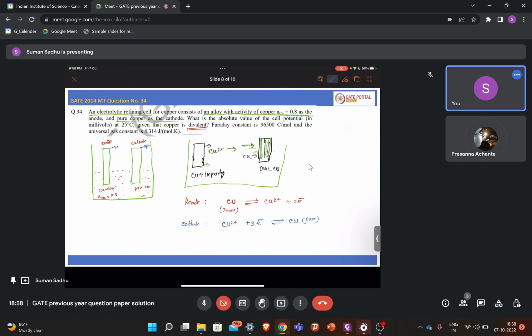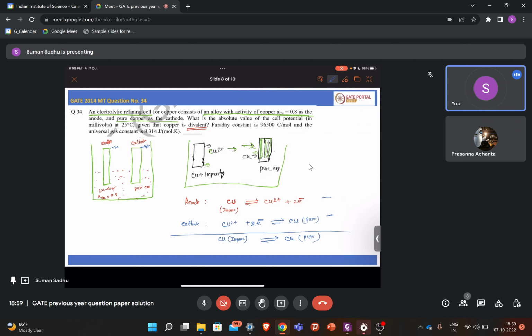So this is your anode half cell, and this is your cathode half cell. Now if you write the total reaction, it is simply copper from impure to pure.